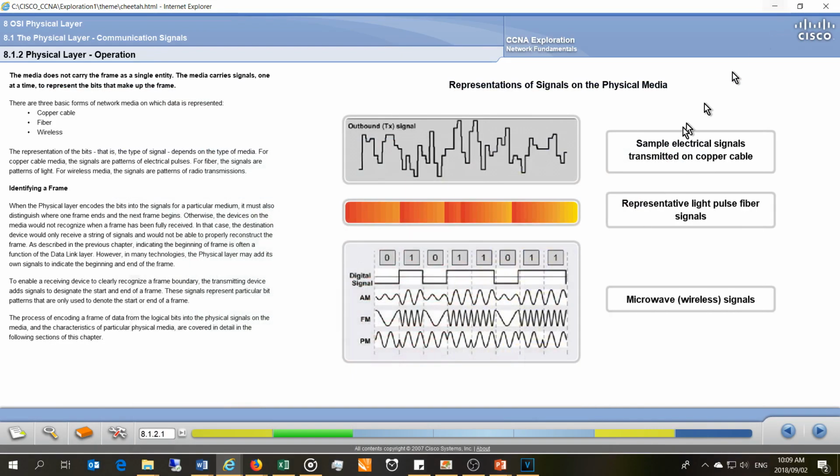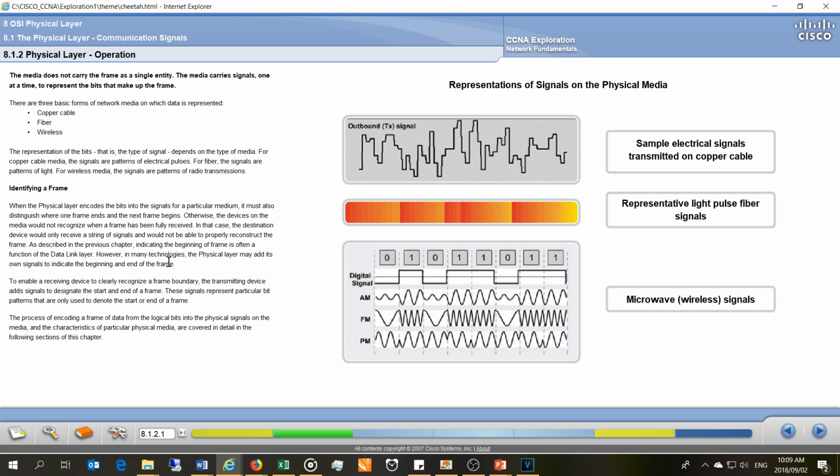Now, in order for this information to be sent, we have to have frames which have our data inside. Now, in order to do this, the physical layer needs to also know or have some idea about identifying frames.